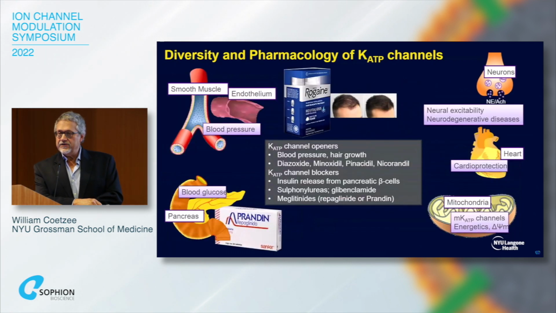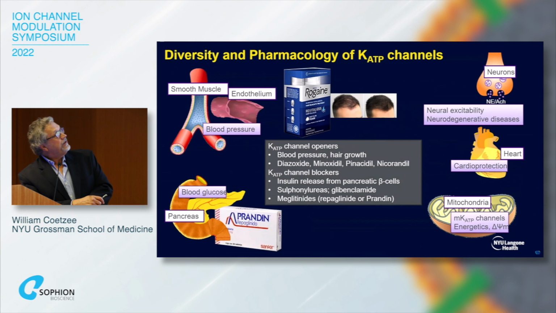But as I said, these channels are really diverse, and they exist in blood vessels, endothelium, and smooth muscle, and you've heard how gain-of-function and loss-of-function mutations of Kir6.1 can cause major changes in blood flow. You've heard that insulin secretion in the pancreas is regulated by these channels as well.